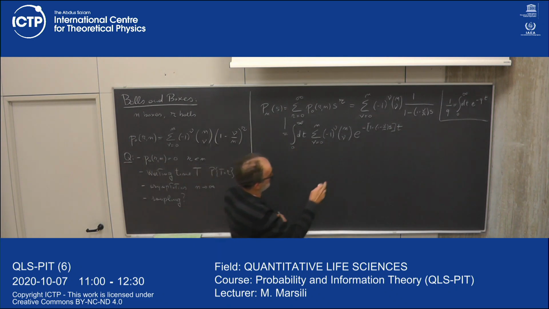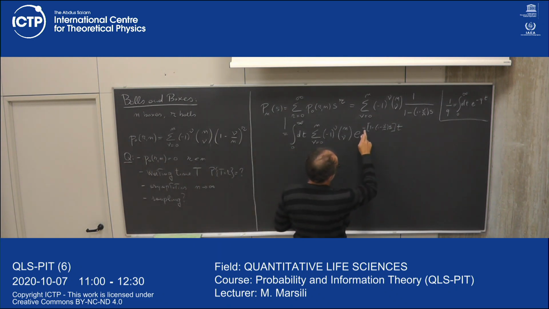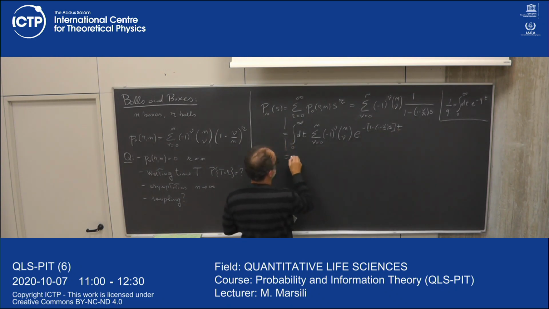Now you see that when you have a term which is e to the minus (1 minus s) times t, that does not depend on nu, so it can go out of the sum.